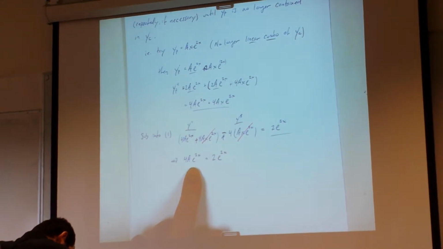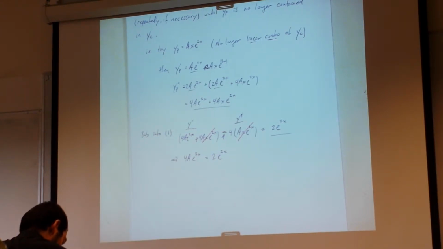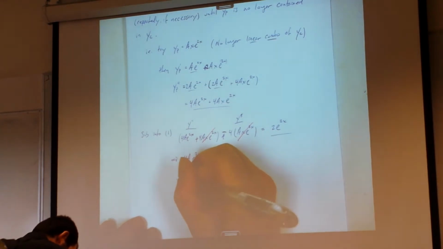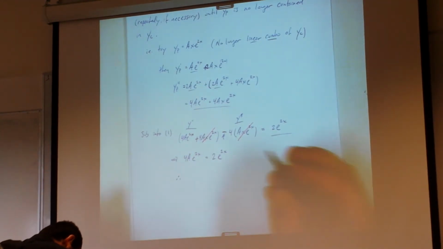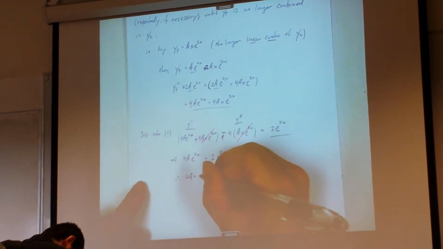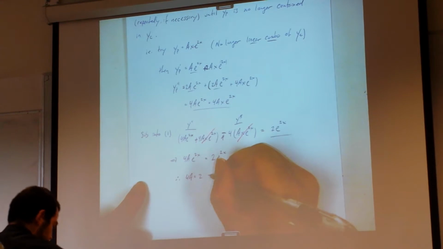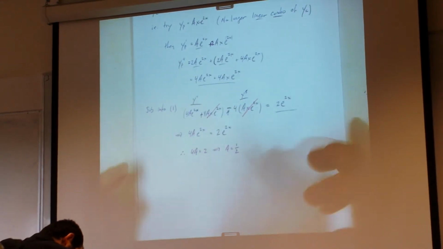I love that word in math. The left side does not vanish. So I do have a coefficient to solve for. We solve this for a. All right, so 4a must equal 2. Equate coefficients of the e to the 2x. And that gives me what? 2/4. Yeah, a equals 1/2.